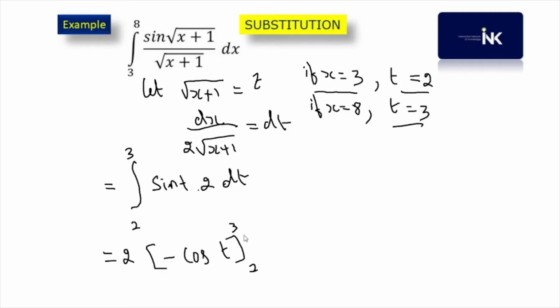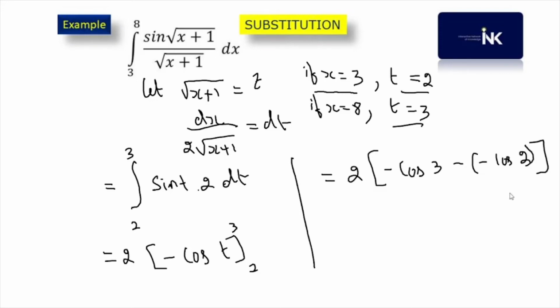So directly we can substitute here, using the fundamental theorem of calculus. So 2 times minus cos 3 minus of minus cos 2, which is equal to 2 times minus cos 3, and minus into minus is plus. So we can write 2 times cos 2 minus cos 3.